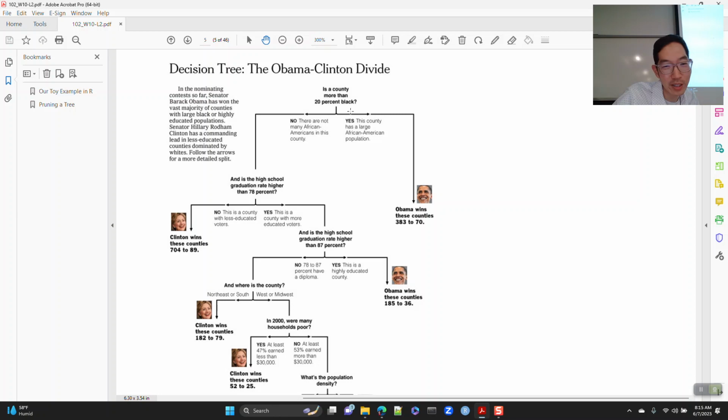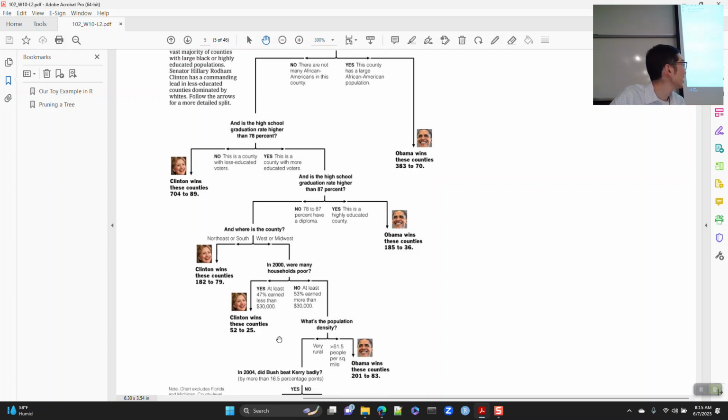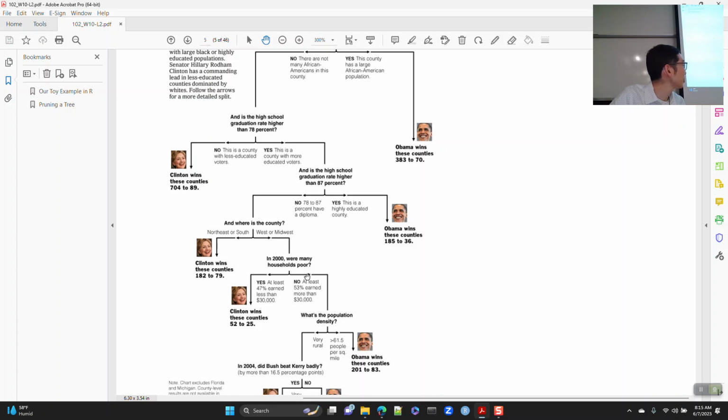If the county was more than 20% black, Obama won those counties. If the answer was no, then the next question was, is the high school graduation rate higher than 78%? If the answer was no, then Clinton would win those counties. But if the high school graduation rate was higher than 87%, then Obama won those counties. Other questions were whether the county was in the Northeast or the South versus the West or Midwest, and were many households poor, yes or no, and things like that, right?